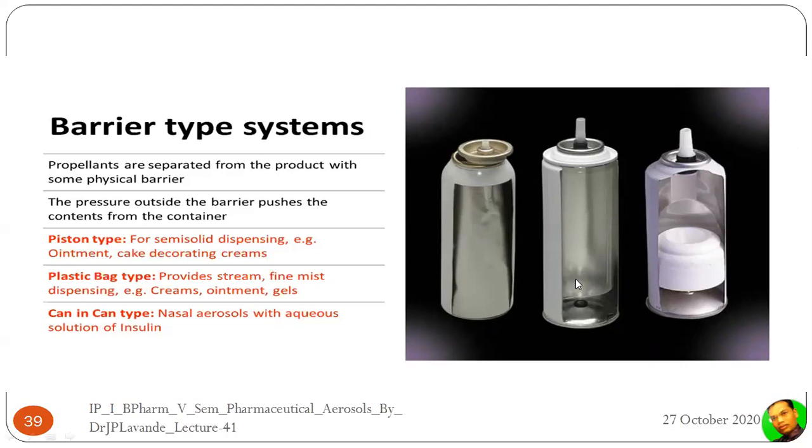You can see there is an internal can, there is an external can. So the pressure outside the barrier pushes the content from the container. The pressure is existing here, so that pushes this piston, and that's why it comes out. Same is the case with this internal container, and same is the case with this plastic bag.